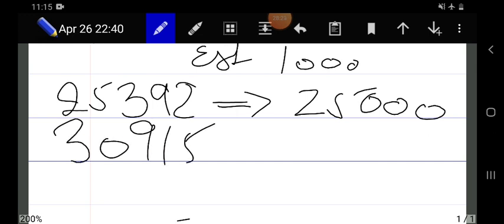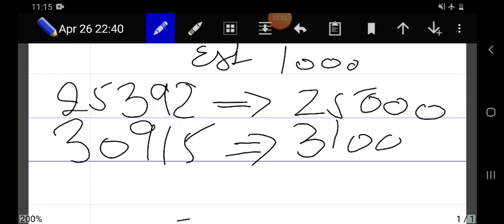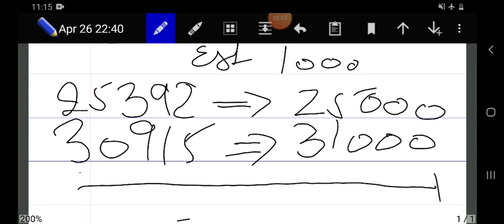Now the next number is 30,915. Now we have to estimate this also. Simply tell me what will be the estimation. Yes, it will be 31,000. Those who have not understood, just look at this. It is the nearest 1000.